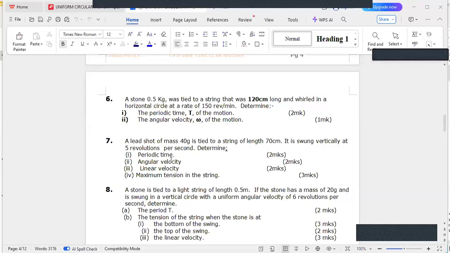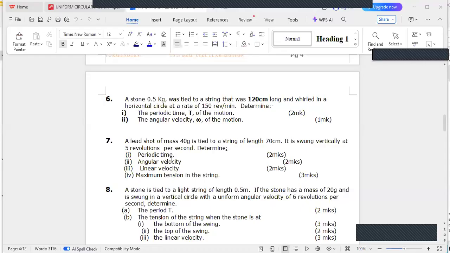Then lastly, maximum tension in the string. Maximum tension is at the lowermost part. So you will say tension T equals mv squared over R plus mg.